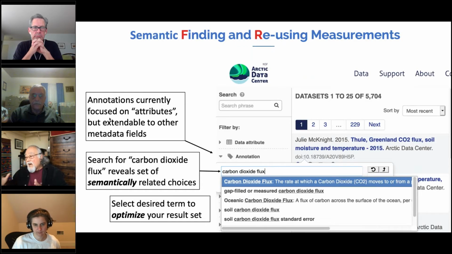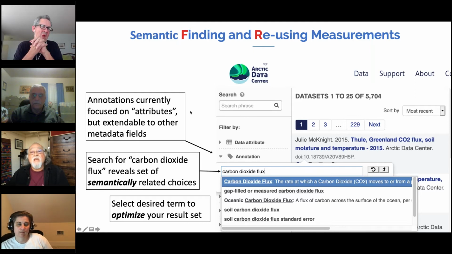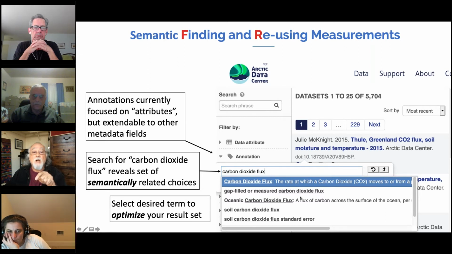So we covered the I and the A in that earlier slide. We showed how semantic annotation binds that information to your data. This is a view of how we're enabling that in our Arctic Data Center repository. You can see here we have annotations. Those annotations represent that linking of that metadata construct to a term in an ontology. Now, when you search in the Arctic Data Center right here, like searching for carbon dioxide flux, you get this drop-down list.